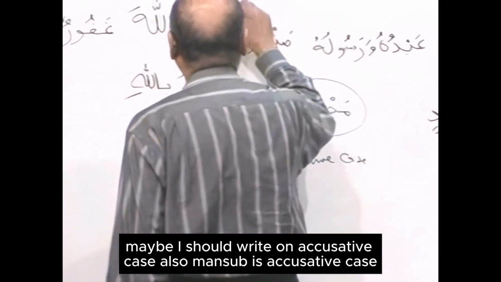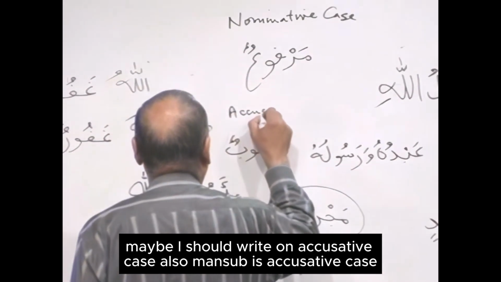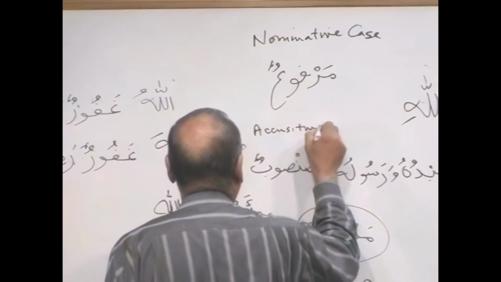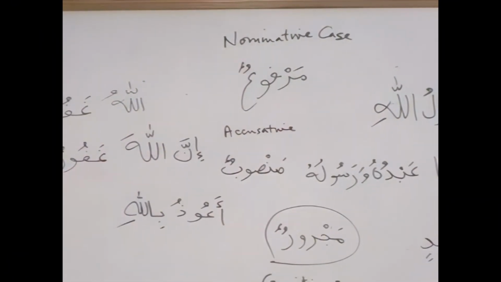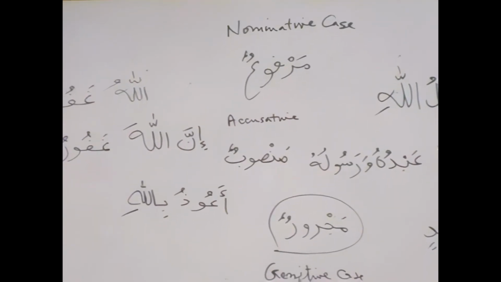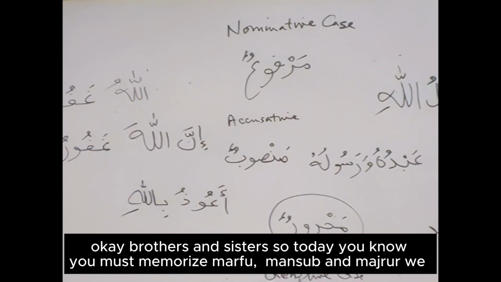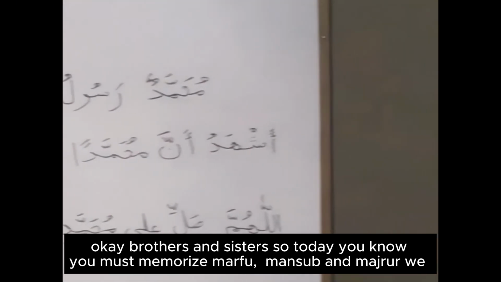Mansoob is accusative case. Okay, brothers and sisters? So today, you must memorize marfu, mansoob, and majroor.